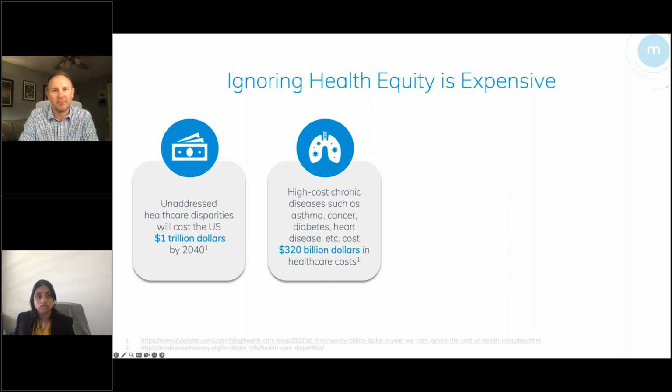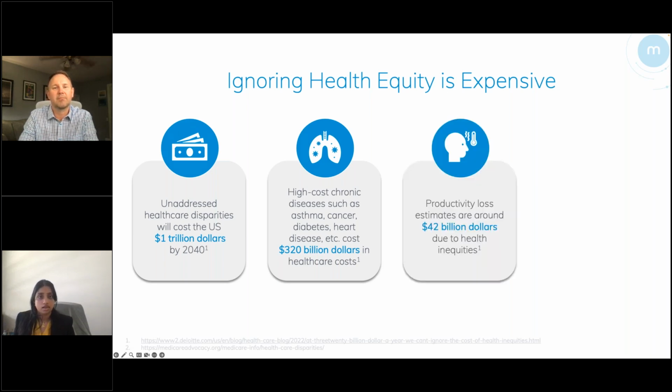But those costs are only exacerbated further because of delays in diagnoses in racial minorities. And then in addition to that, when you're not feeling well and you have all these health inequities, you have more people calling out sick, which is resulting in $42 billion of productivity loss.